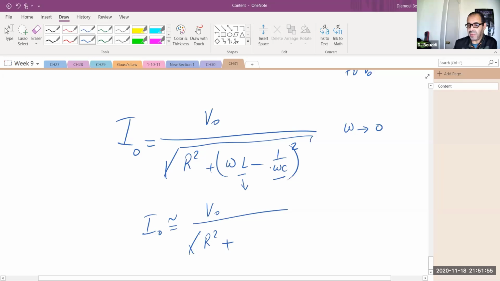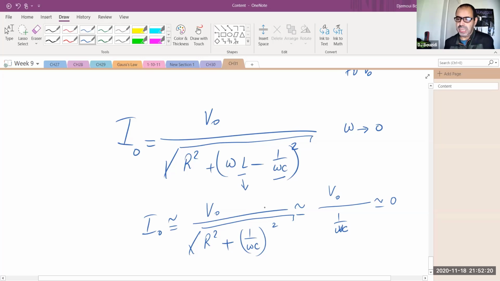When you square it, the negative becomes positive. So it's going to be 1 over omega C, the whole thing squared. And this term is still much bigger than R squared. So this whole term then becomes V naught over 1 over omega C, for very small frequencies. As a matter of fact, this will be 0 because omega will go all the way upstairs in here. So I naught will be very small for low frequencies.